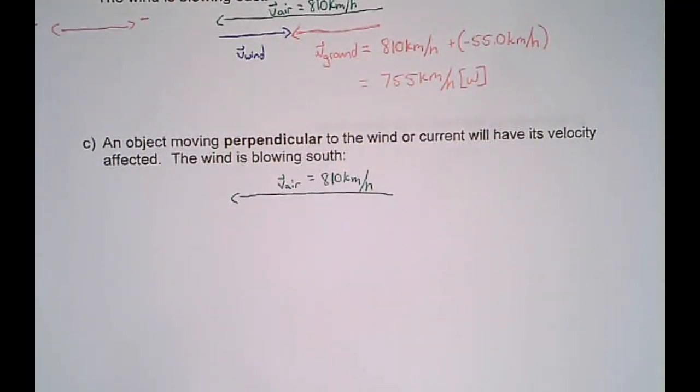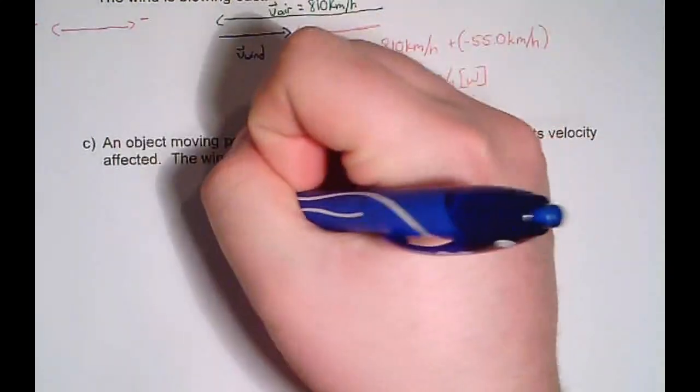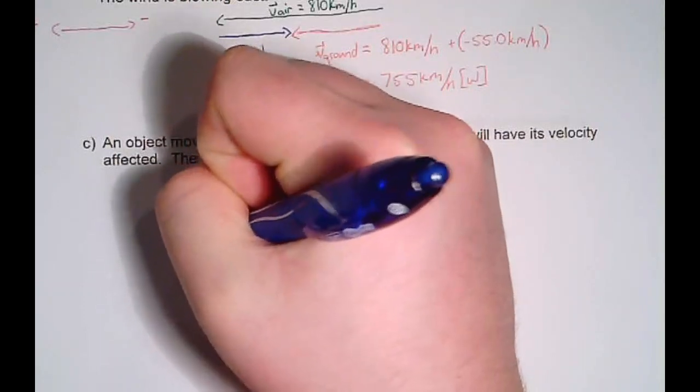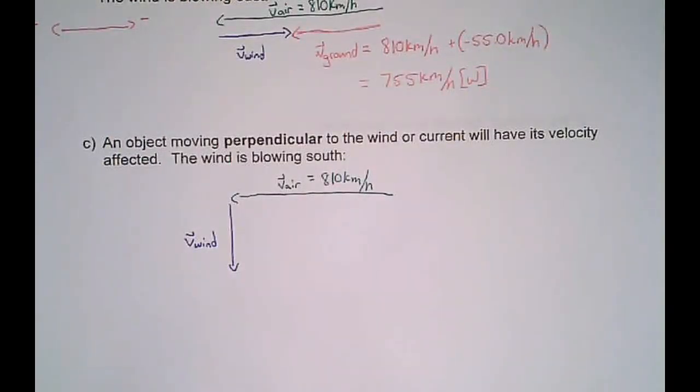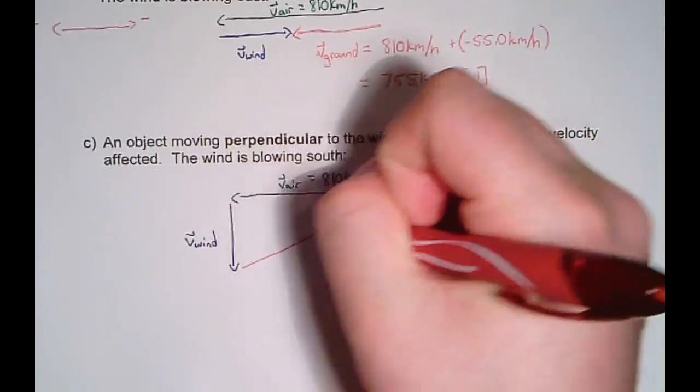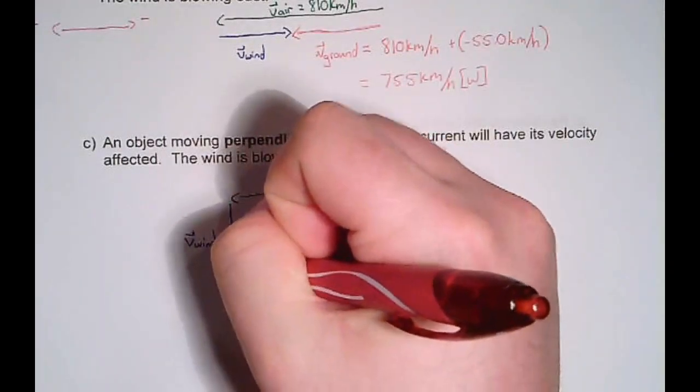All right, but the wind is blowing south. It's blowing perpendicular. So it's blowing down. Our resultant vector is from the tail of the first to the tip of the last.